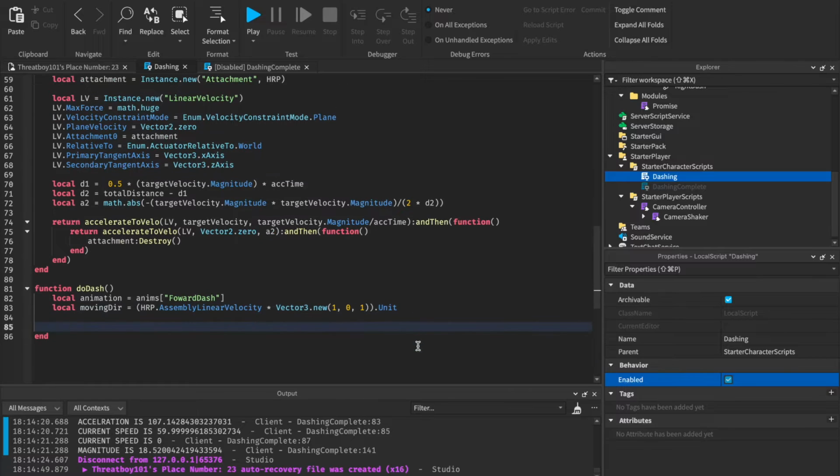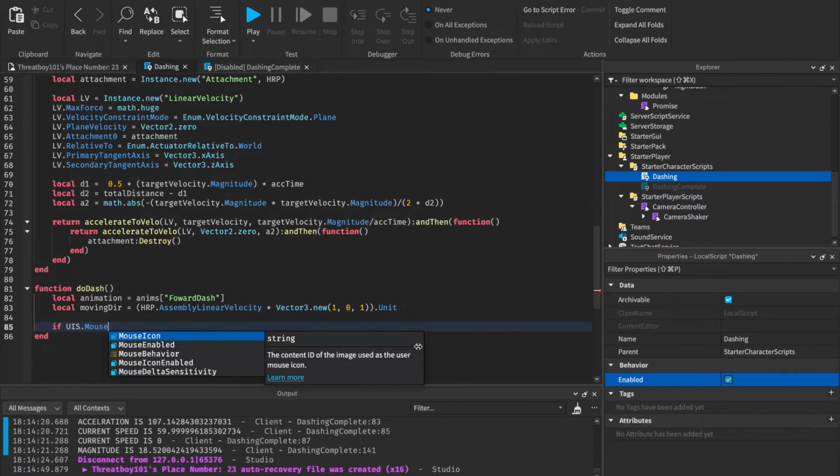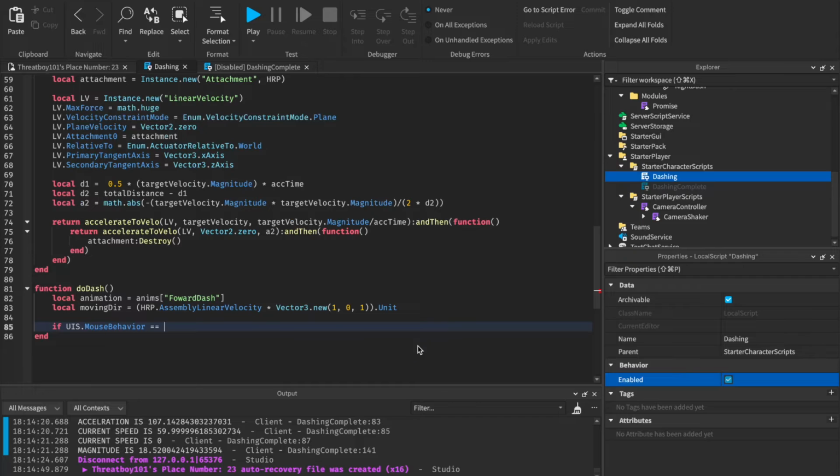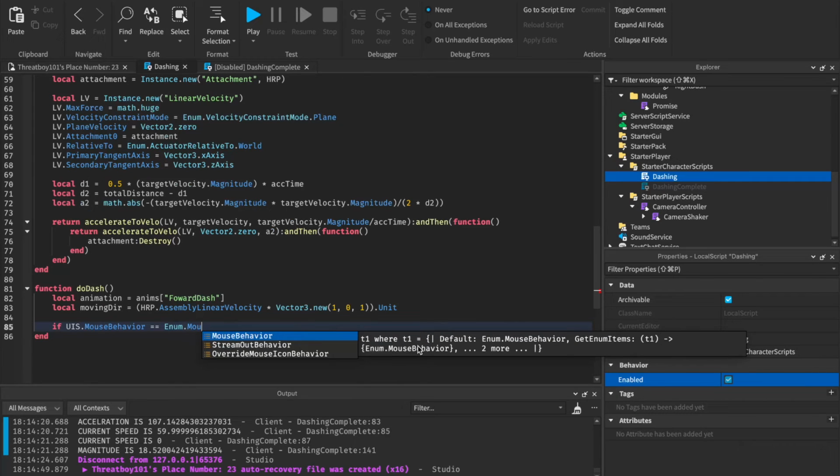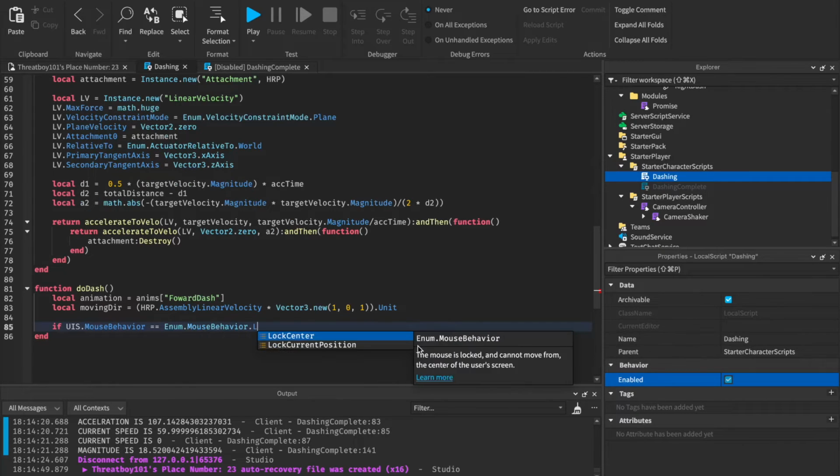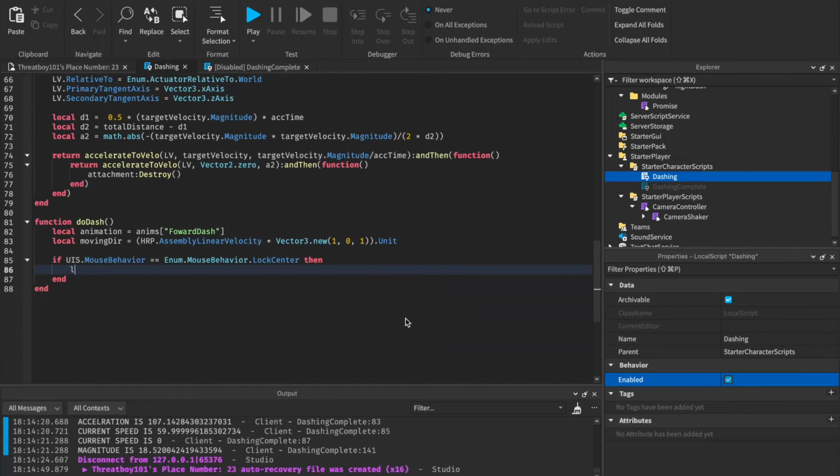So it's going to be, by default, the direction we'd want to move in. Now, there are some exceptions, and that is when we are in mouse lock mode, then we want to do things a little differently.